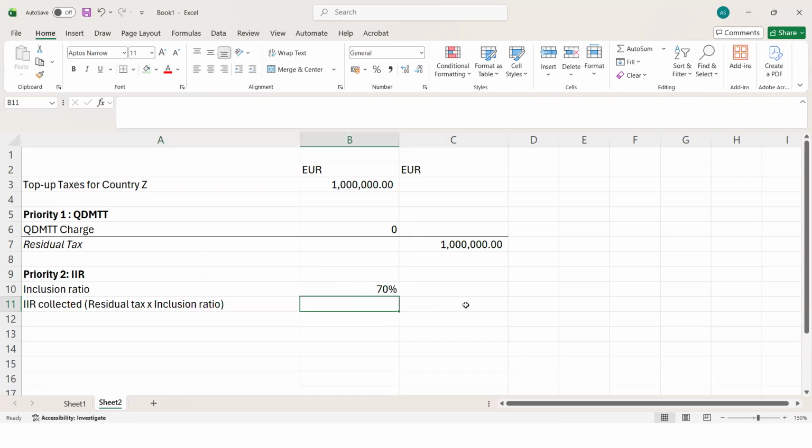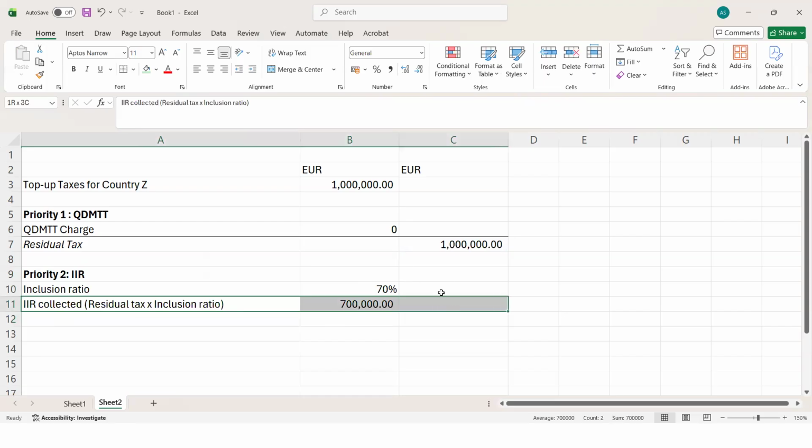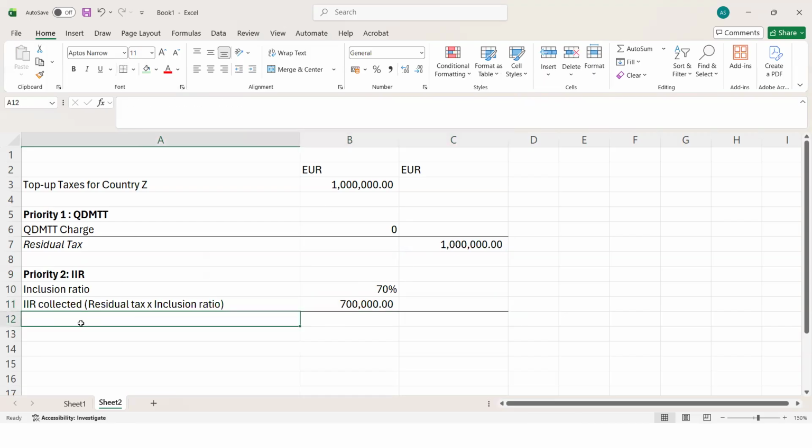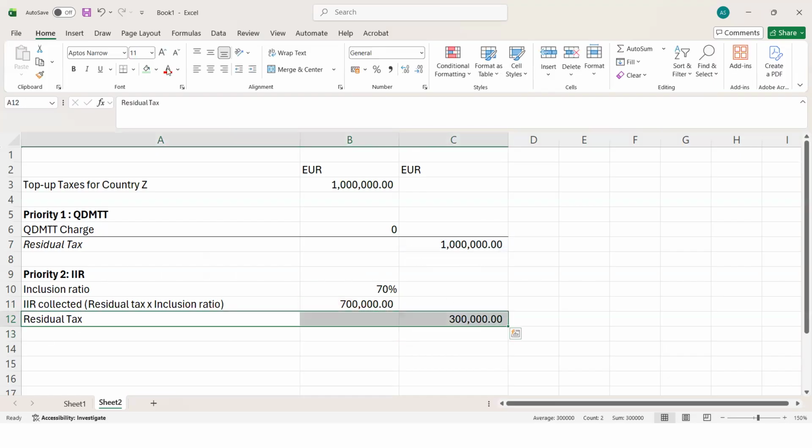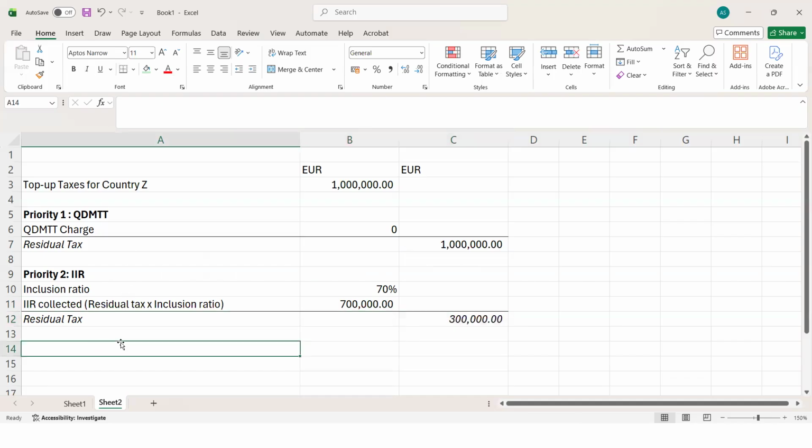So 700,000 is collected. After that, what is the residual tax? Next residual tax is going to be opening balance minus IIR. So 300,000 is still residual tax after IIR, right? Now we will do UTPR.